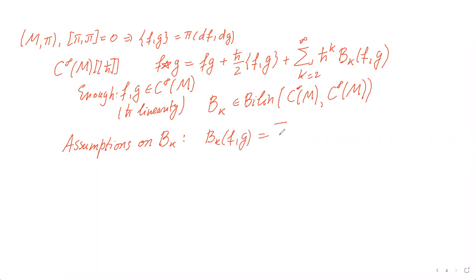They should be equal to the sum over some multi-indices of certain functorial coefficients. Let me call it A, or probably B with indices I and J, and they should depend on points on the manifold. So they should be just smooth functions.